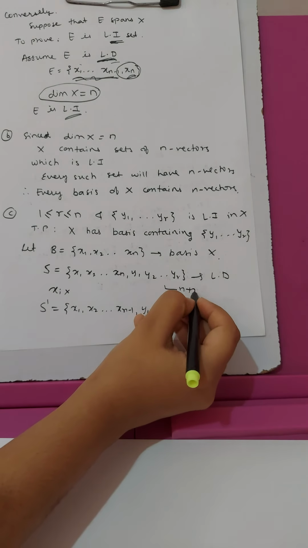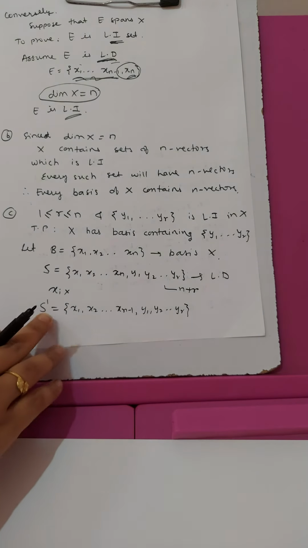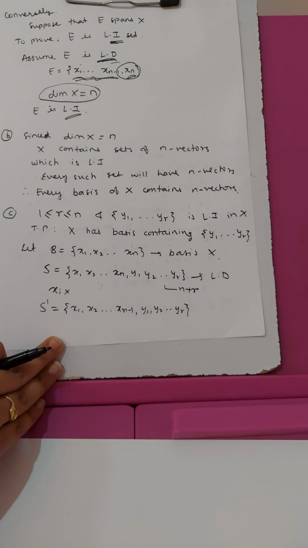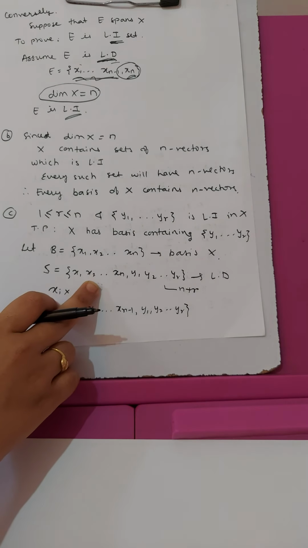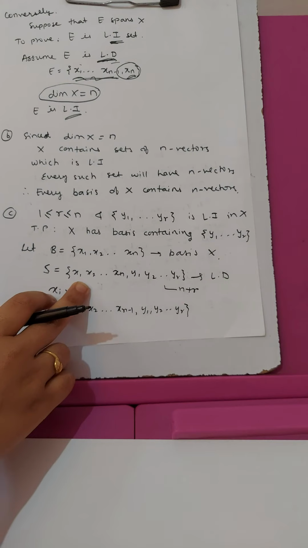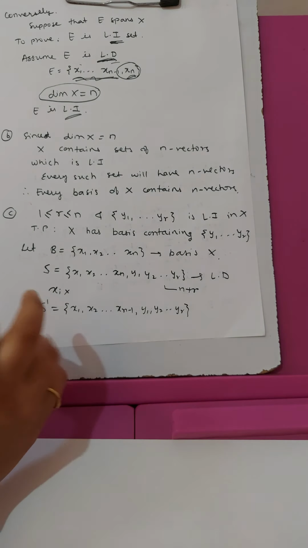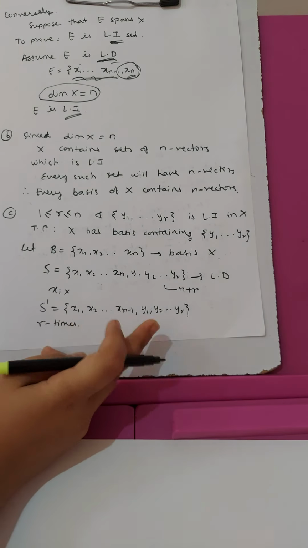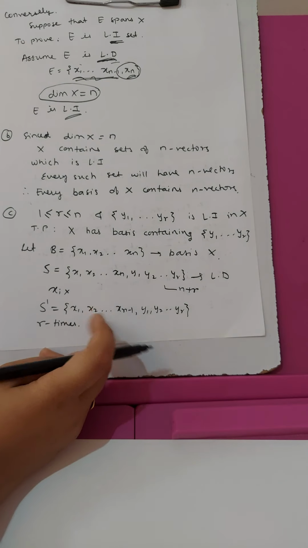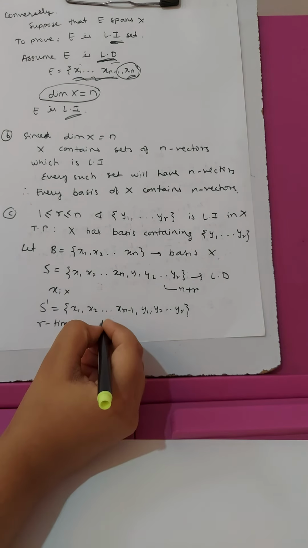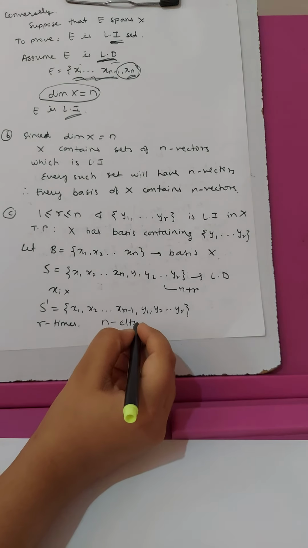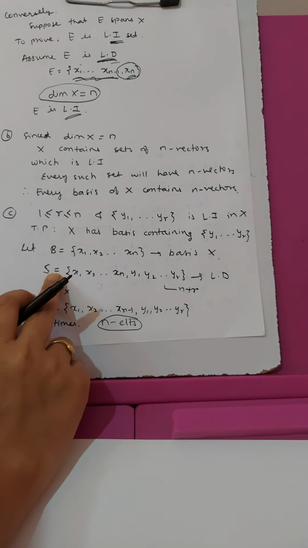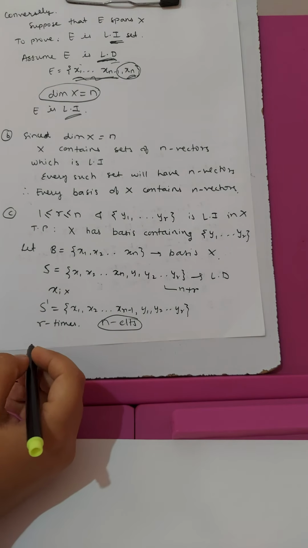If we go on removing these xi which can be expressed as a linear combination of the other elements of this set, we can repeat this process r times, so that a total of r xi will be removed from this set. Only n elements will remain in this set, and the set will become linearly independent.